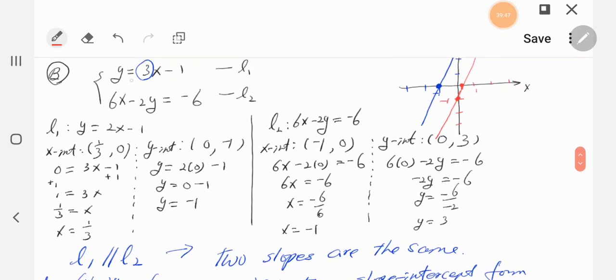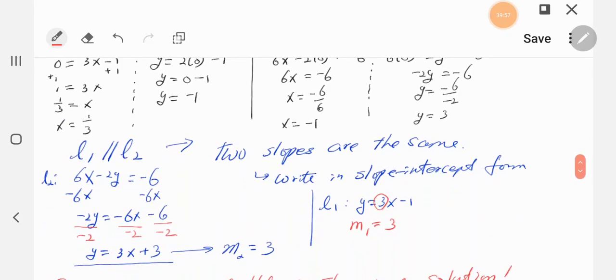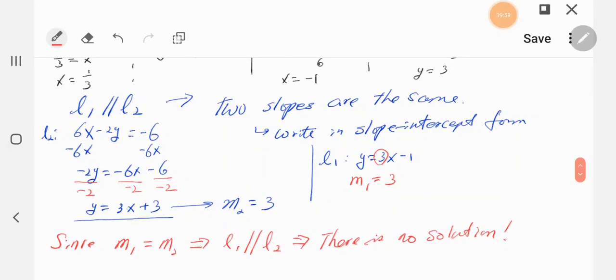Line 1 is already in slope-intercept form, so that's the slope. From the second line, rewrite the equation in slope-intercept form, so we'll know that this is the slope of the second line. Since the slopes of both lines are equal, the two lines are parallel, there's no intersection, so there's no solution. Okay, all right.